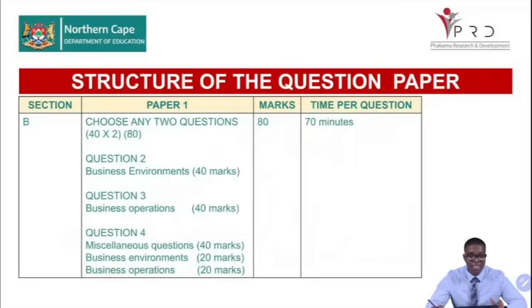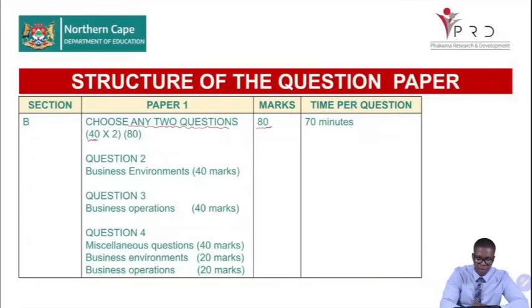Now we go to section B. Section B has 3 questions. So those 3 questions, there will be an instruction that says to choose any 2 questions. How much is the mark allocated there? The mark allocated is 80. Why? Because as you choose 2, each question is allocated 40 marks.